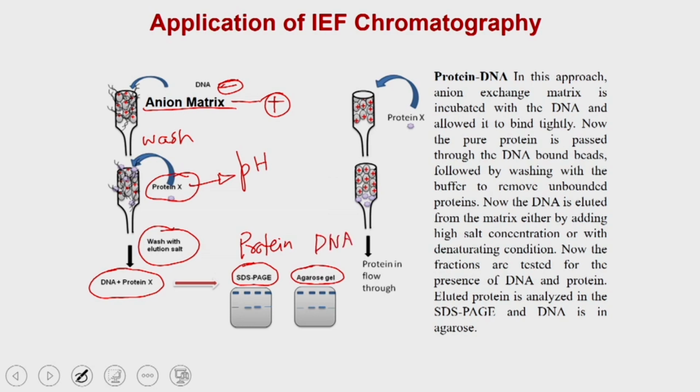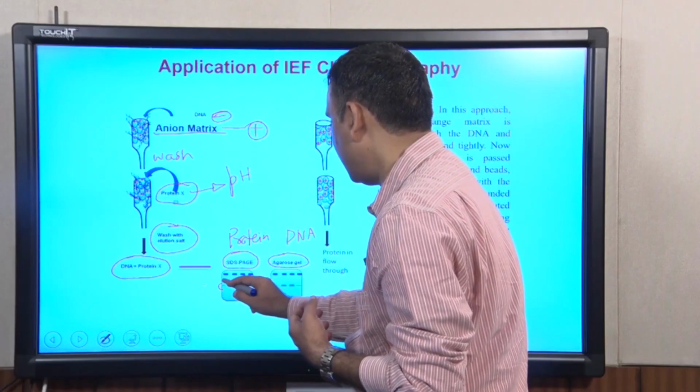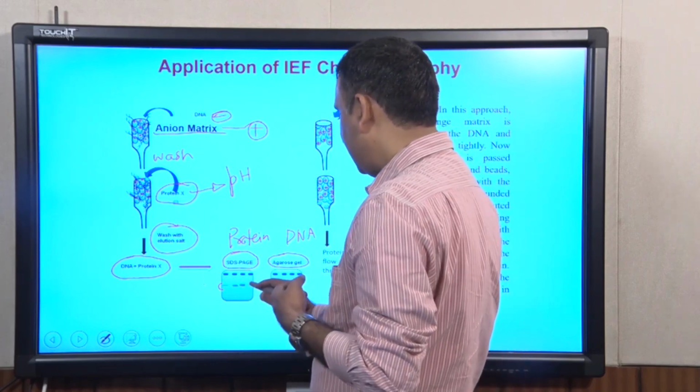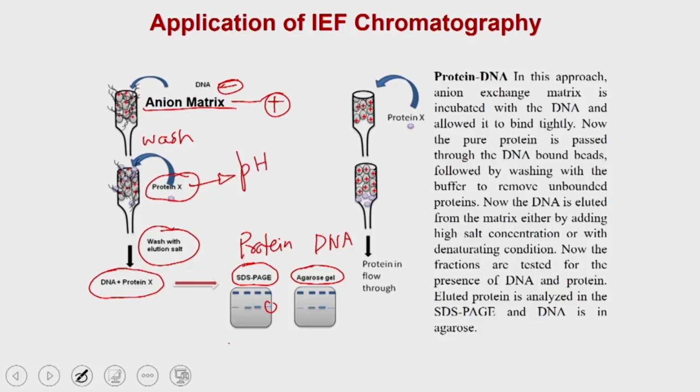When you analyze them, you will find a discrete pattern: a low concentration of protein, then the protein makes a peak, and then it goes down. If you plot this, the protein follows this pattern. Whereas, if you follow the DNA on the agarose gel, you will see that the DNA is also following a similar pattern.